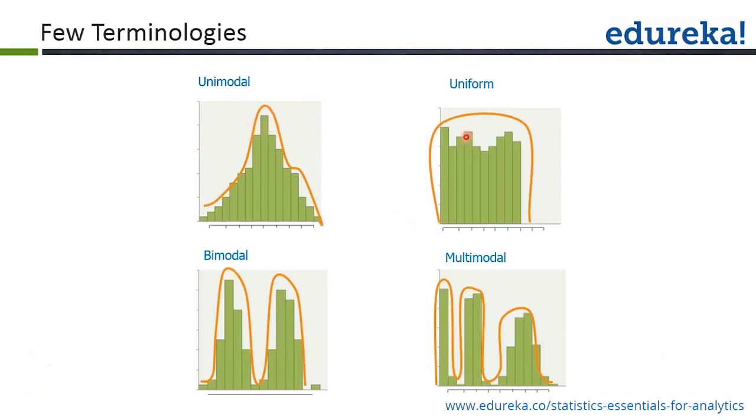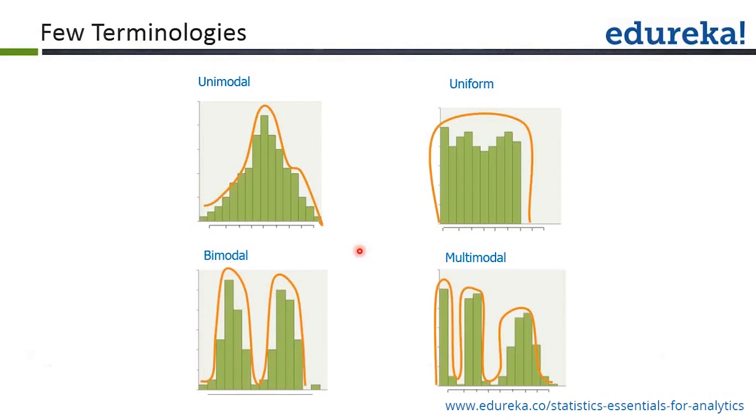If the distribution is looking flat, then that distribution is called a uniform distribution. If the data has two peaks, then it is called a bimodal distribution. If it has many peaks, then that is a multimodal distribution.